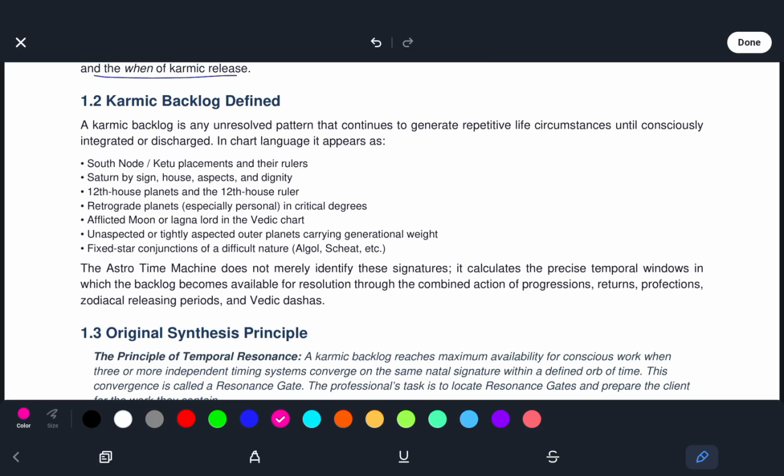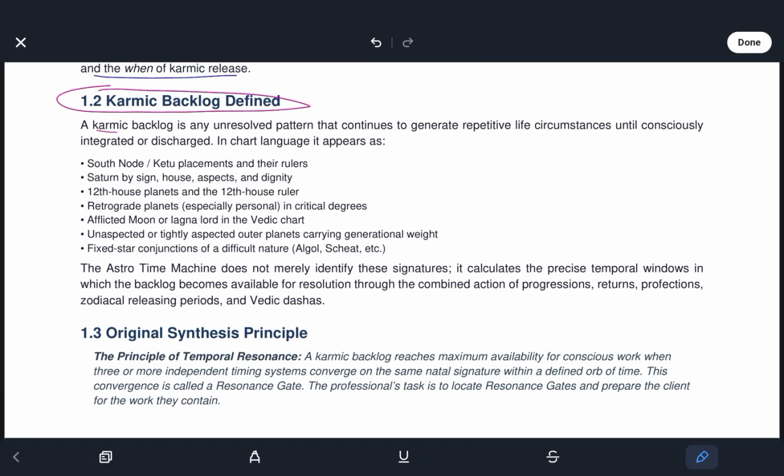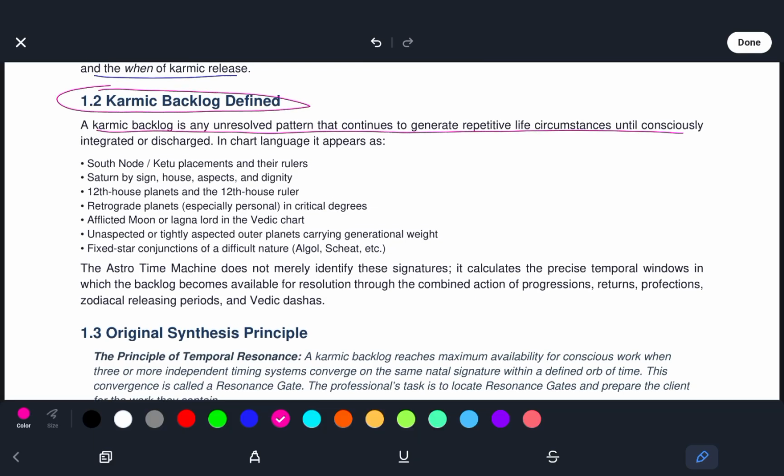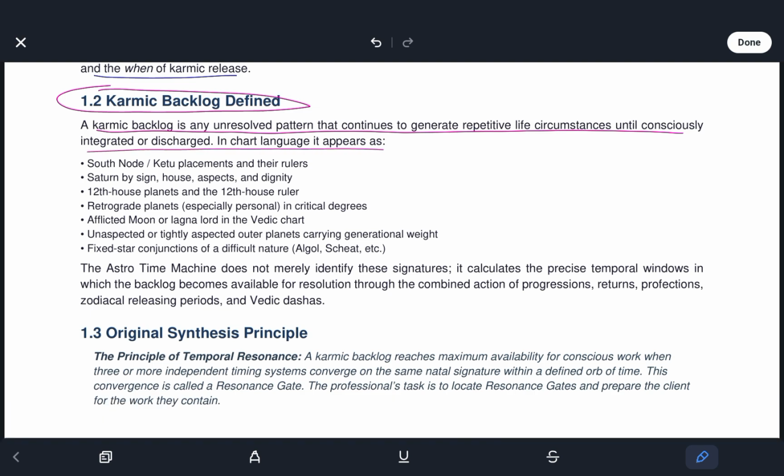So now, the karmic backlog defined. Karmic backlog is any unresolved pattern that continues to generate repetitive life circumstances until consciously integrated or discharged.